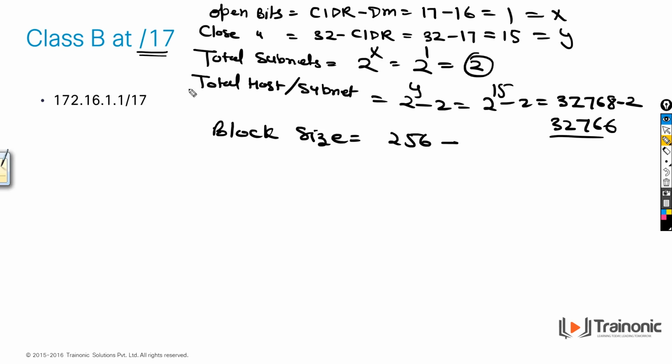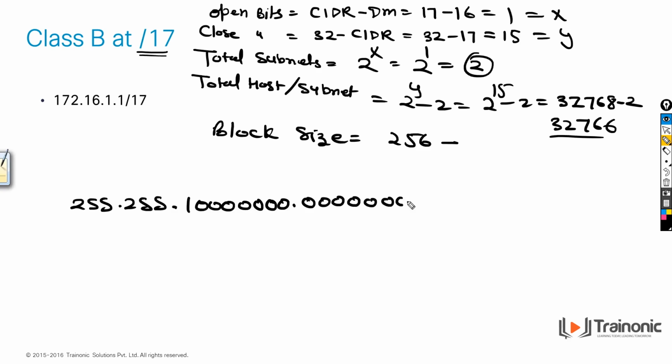256 minus what? When we are talking about /17, it means 255.255 by default and 0.0. Then what we are doing is borrowing 1 bit from the host ID. The representation is 1 2 3 4 5 6 7 8.